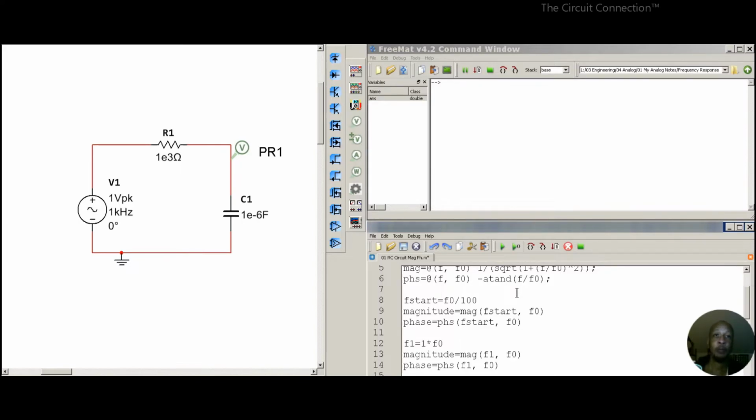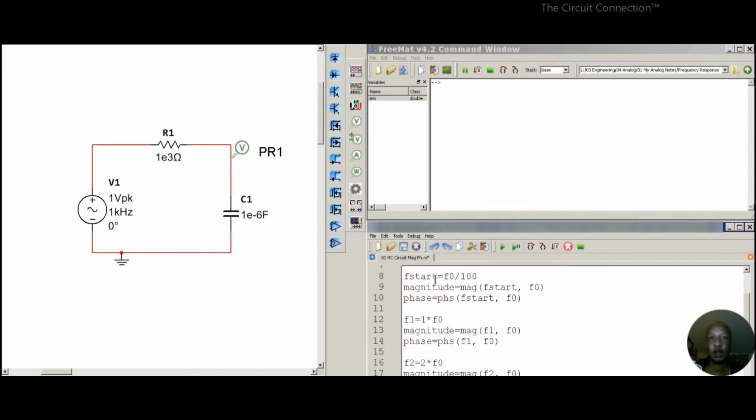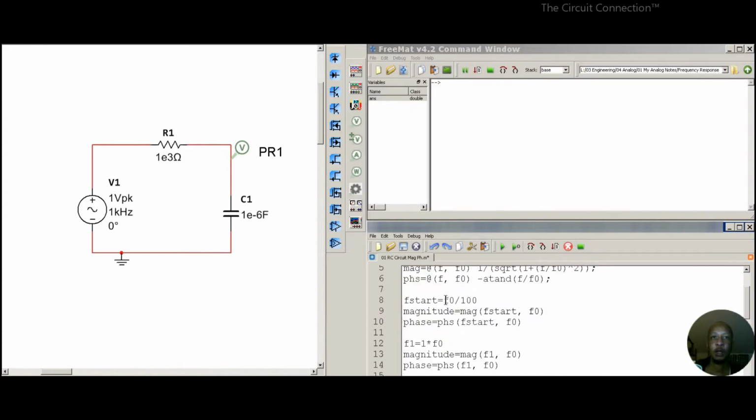Okay, so next, I call this f_start, and I have to call it f_start because I can't name it f0, since that's already been defined. Like I said before, back in the slides, I think it would be a better convention to use fc, for f critical, instead of f0.